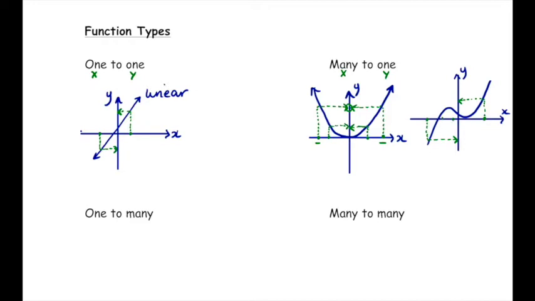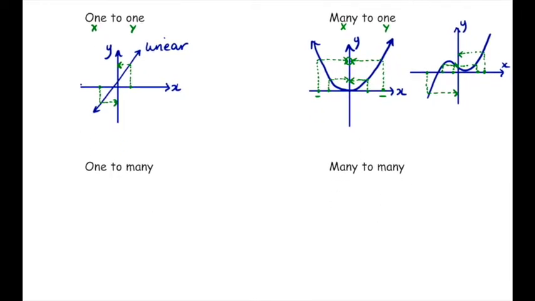But I also have 2 different values of x that go to the same value of y. In fact, I've even got 3 values of x going to that same value of y. So in this instance, the function is a many-to-one because there's lots of different x values going to that y value, even though at the 2 ends, there's actually only one x to one y.